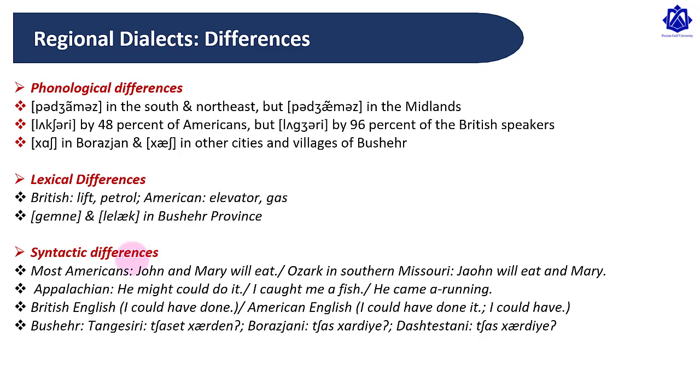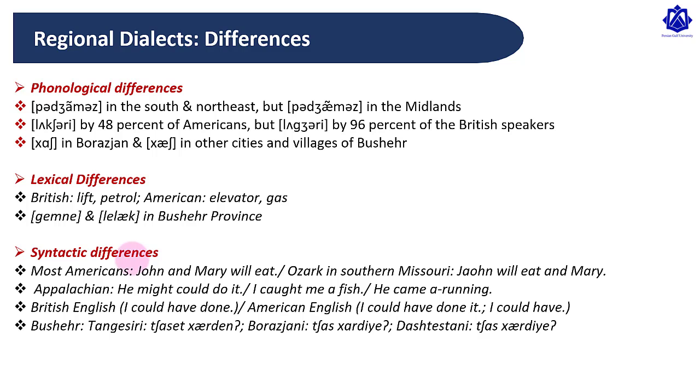In Bushehr, there is a very clear phonological difference between those who are speaking Borazjani and other cities and villages of Bushehr, and that's the difference in whether they are using o or a, as in khosh, khash. So Borazjani people would say khosh, other speakers use khash, or khardan in Borazjani, but khardan in other villages of Bushehr or cities of Bushehr.